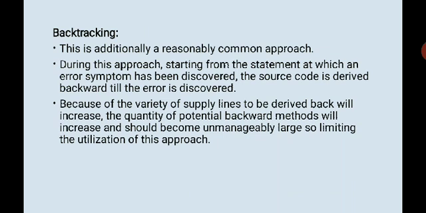Because as the number of source lines to be traced back increases, the number of potential backward paths will increase and can become unmanageably large, so limiting the use of this approach.